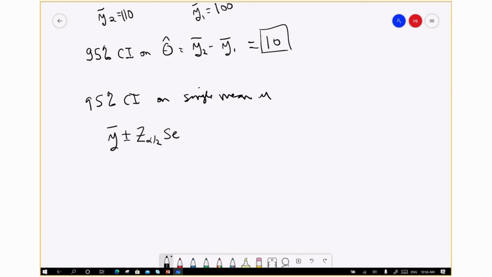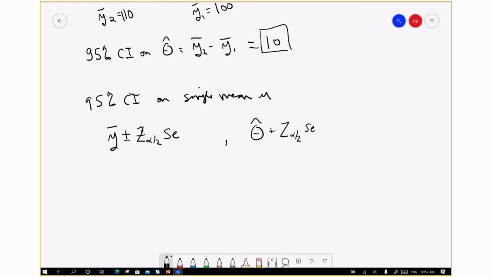That's the generalized formula that uses z as a general term, as opposed to any particular value of z. So now we're going to do a very similar thing, except that because we're interested in the difference between two population means, we're going to use theta hat. We're going to calculate theta hat plus or minus z alpha over 2 times the standard error.